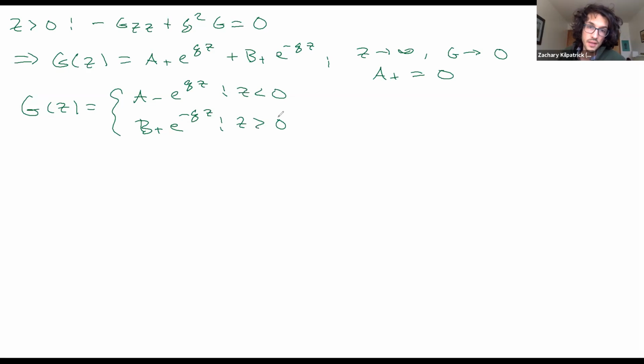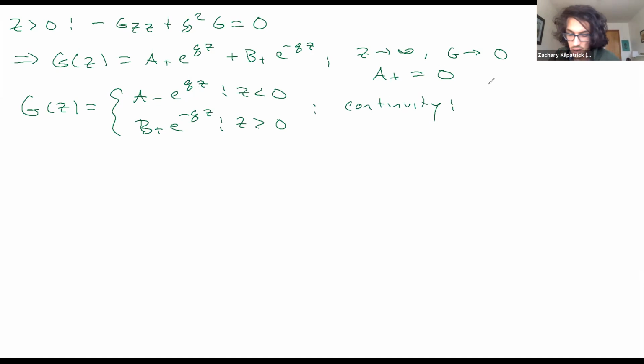Now, we want g to be continuous, okay? And we also need this sort of jump condition on the boundary too. And so that will restrict our remaining 2 coefficients, right? Continuity, what does that say? Well, it says that at z equals 0, I need a minus and b plus to be equal to each other.